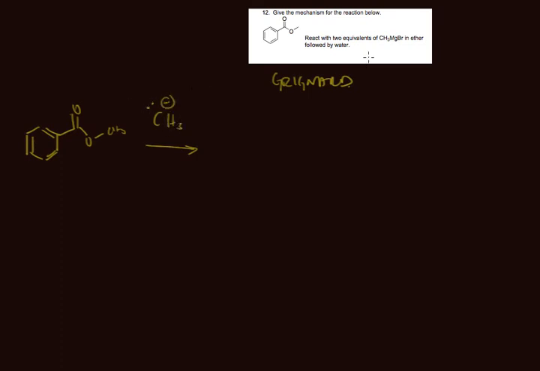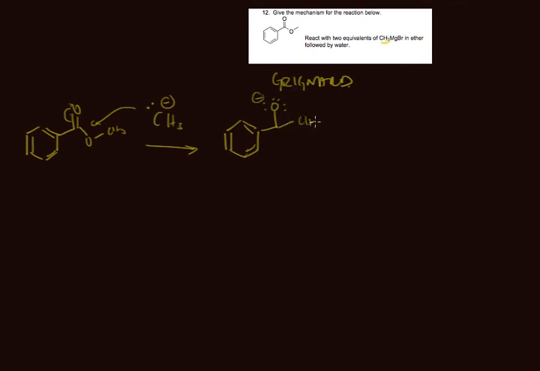The methyl group of the Grignard reagent is going to be the nucleophile, and it's going to attack that carbonyl carbon and form that tetrahedral intermediate where the electrons get pushed up to this oxygen, giving it a negative charge.